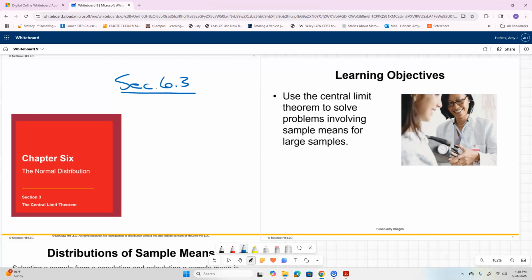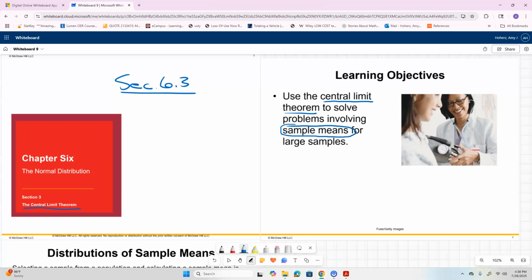This is just a slightly different situation that we have to take into account, but everything else we do the same. And that slight difference is going to be addressed by what we call the central limit theorem. The central limit theorem helps us to solve problems involving sample means for large samples.